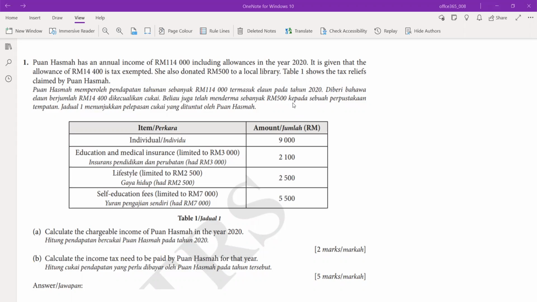Okay, so the answer. So your answer for this question, taxation, okay, the answer chargeable income, you have to know is equals to how much?